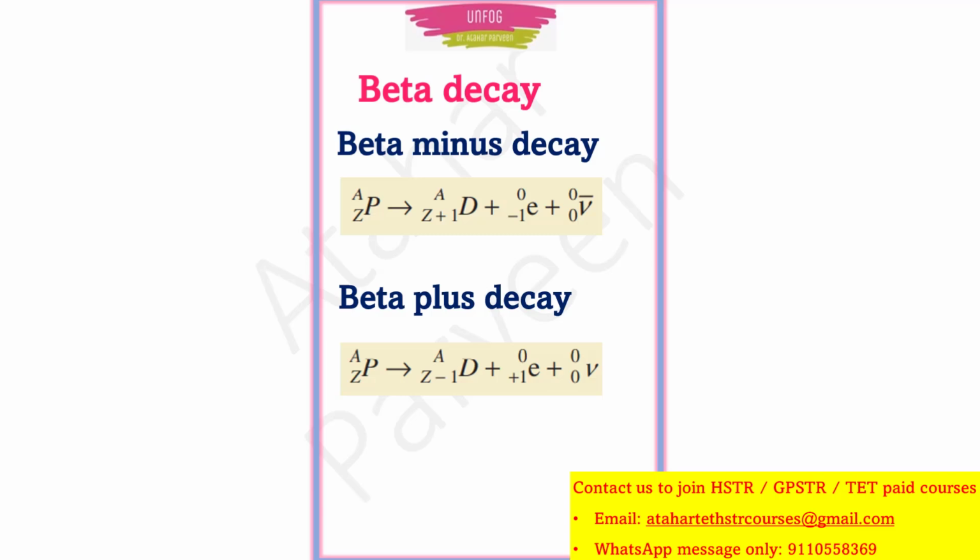In beta minus decay, an electron is liberated, and to compensate for that electron, one antineutrino is there along with it. In beta plus decay, along with the daughter nucleus, a positron is released, and to compensate for that positron, one neutrino is also released. So simply, you just need the gist. Don't worry, the only thing is that the equation should be balanced.